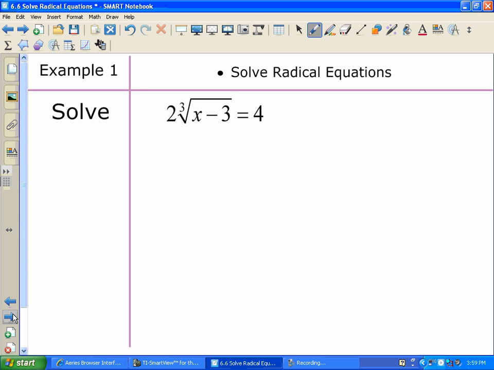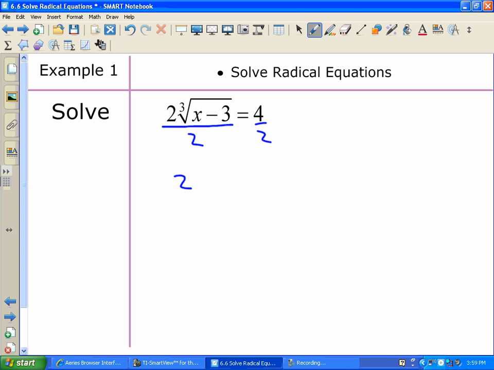Name of the game: get the radical by itself first, introduce an exponent to get rid of the radical, solve the equation, check your work. So first thing we're going to do, get the radical by itself. In this case, it's 2 times the cube root of x minus 3 equal to 4. First thing I want to do is get rid of that 2. I will divide both sides of this equation by 2.